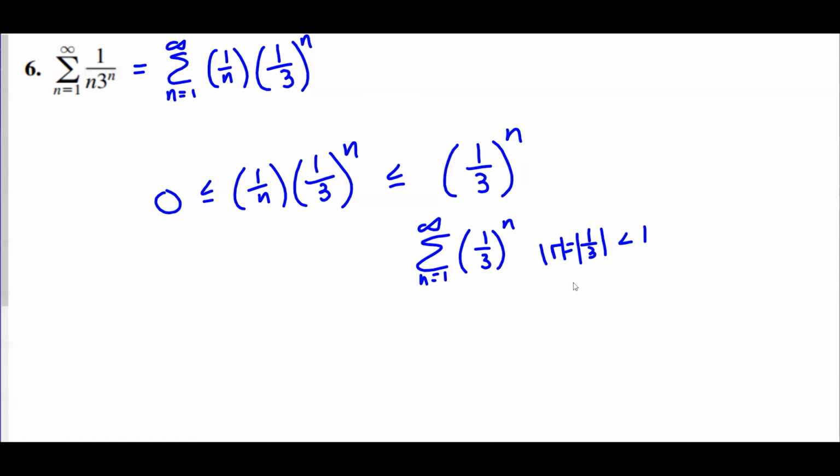So that means it converges. We'll call it the geometric series test, right? You find r. Here r is equal to 1/3. So I know that converges. This guy's stuck between, so that means this series converges.